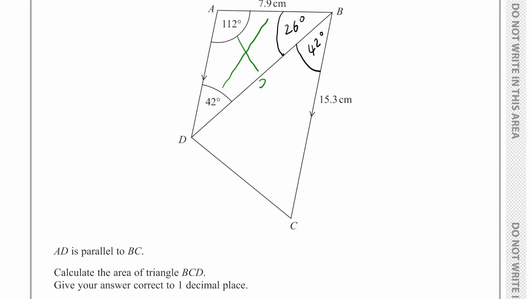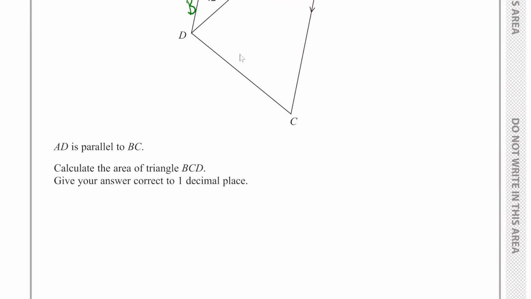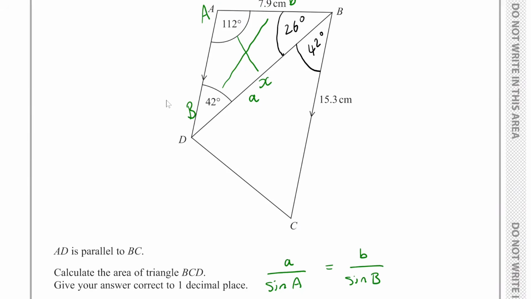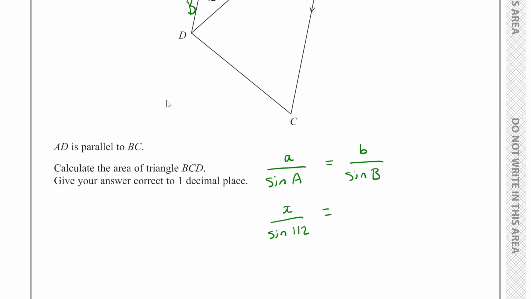So we're going to have this one as x, and we'll call it little a, big B, little b. So our sine rule for a length is a over sine A equals b over sine B. So that's going to be x over sine 112 equals 7.9 over sine 42.